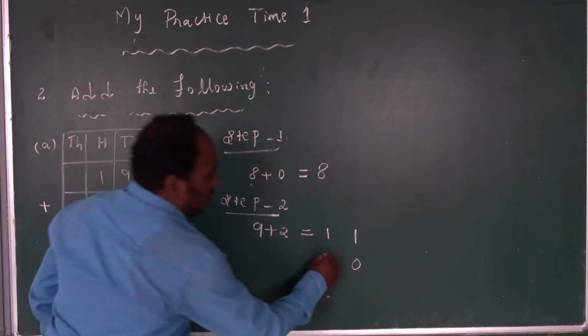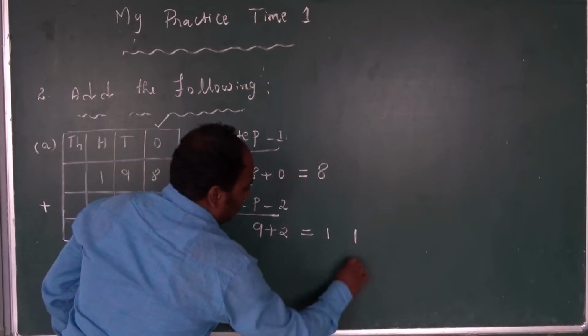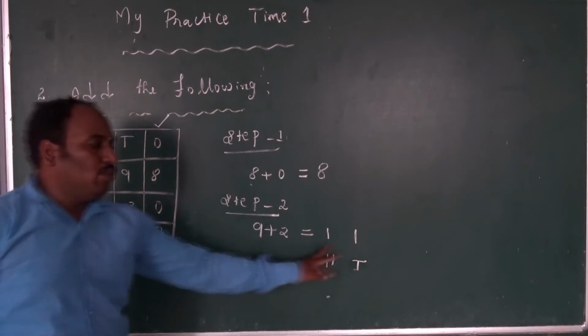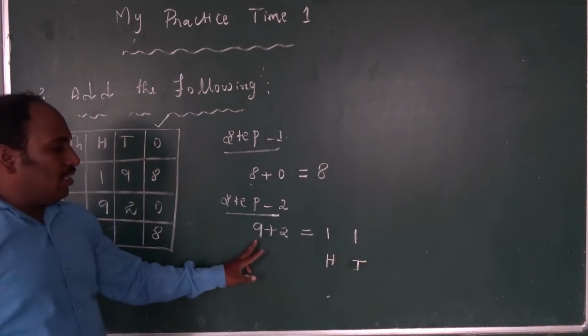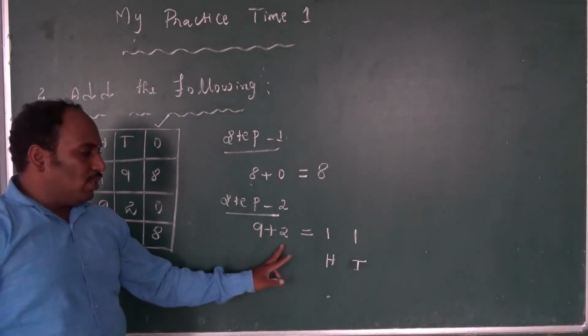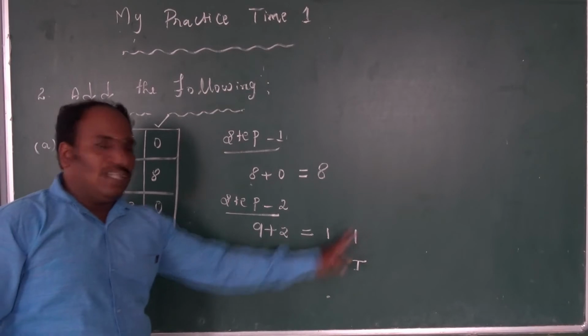Here ones, tens, hundreds. 9 tens plus 2 tens is equal to 11 tens.